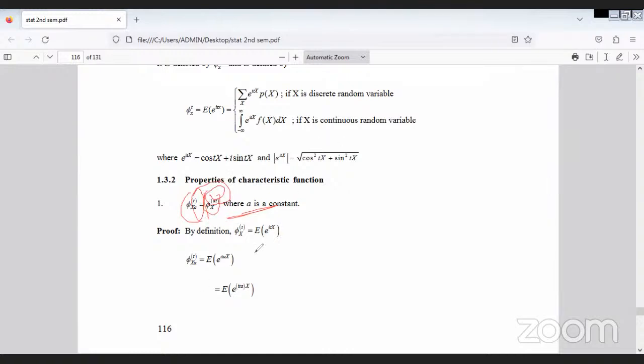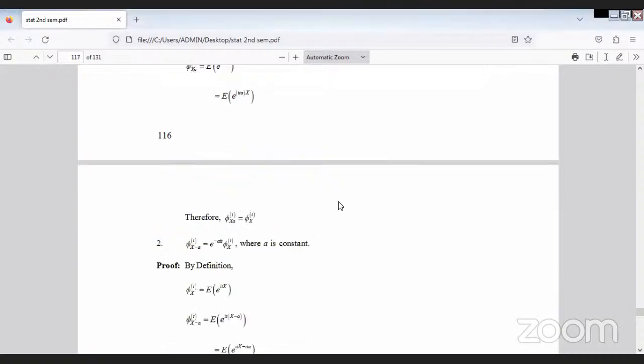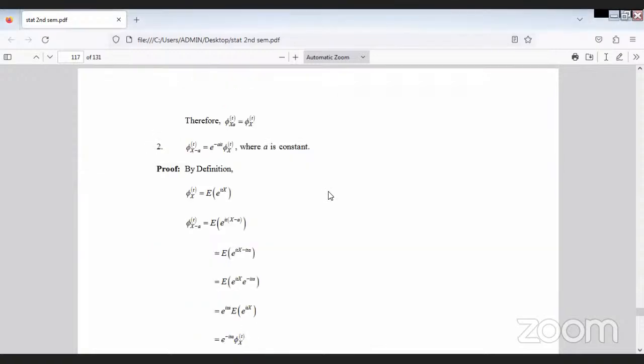So the constant we are writing here is ita, I am taking e^(ita) into X. Therefore we can have E(e^(i(ta)X)), which is phi_X(at). So the condition is satisfied. That is the first property.